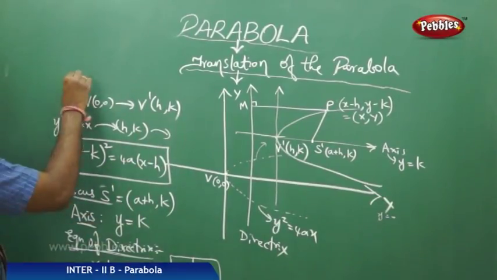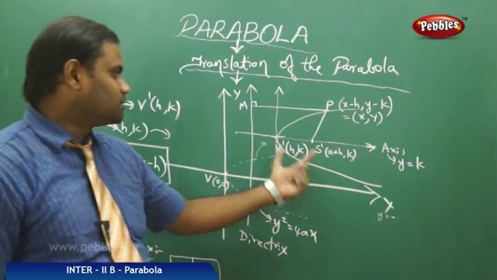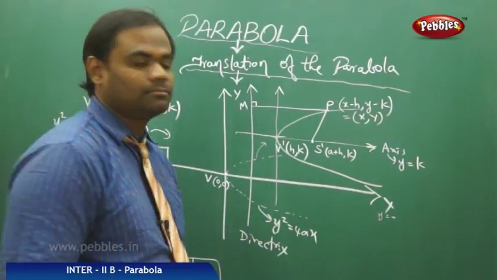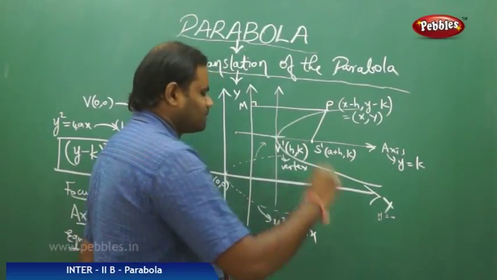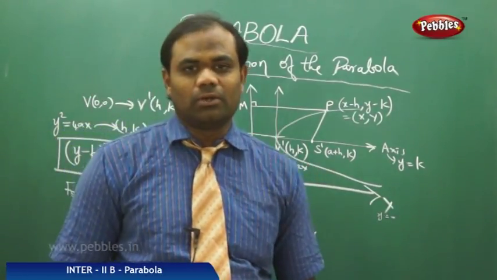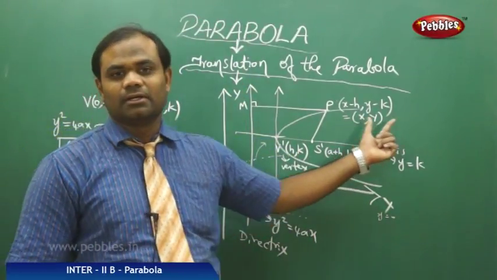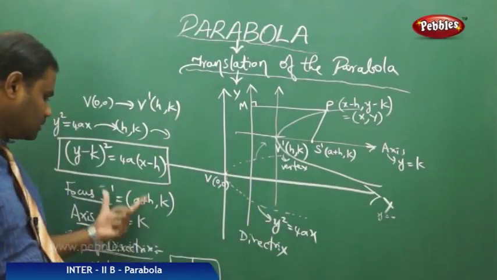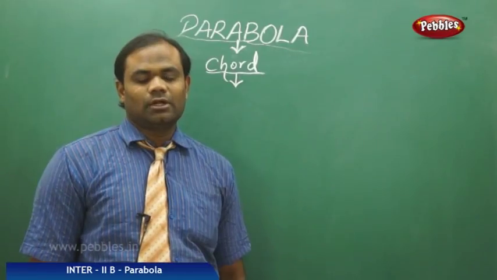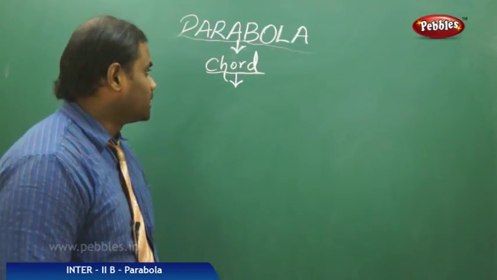This is how we get each of the properties which we define out here. So translation of a parabola from the vertex from the origin to (h,k) gives me the focus, the directrix, the axis given by these formulae.